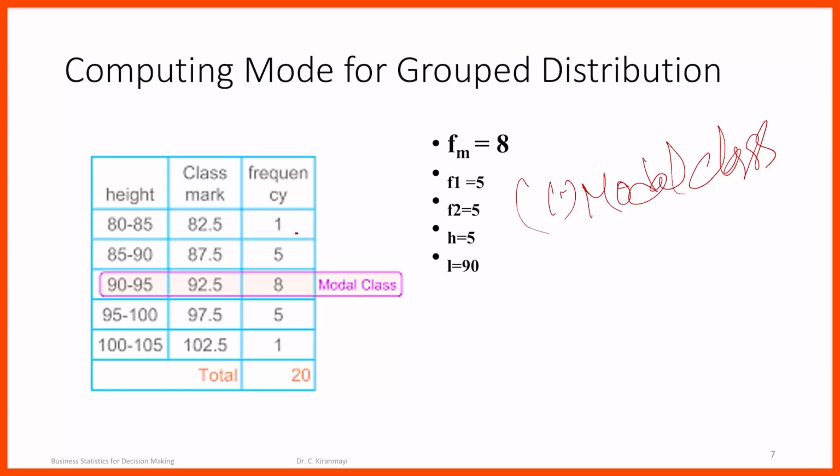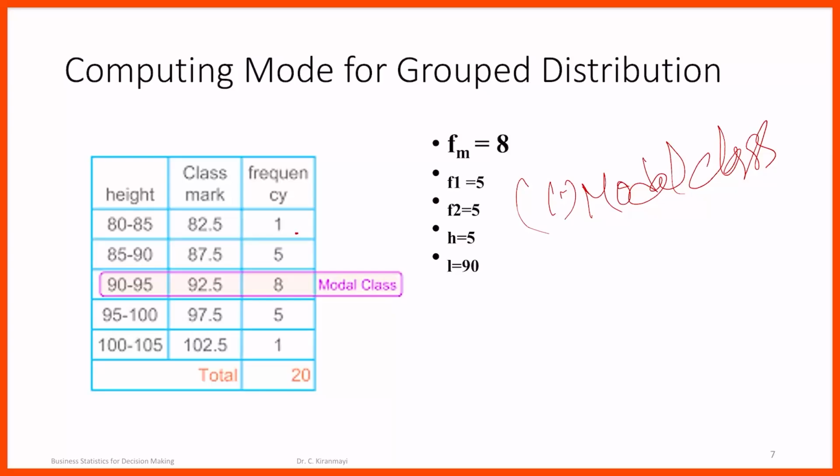Here 1 represents that the class mark 82.5 is in the data set only one time, and 5 represents that the class mark 87.5 is repeated 5 times, meaning 5 students scored 87.5.